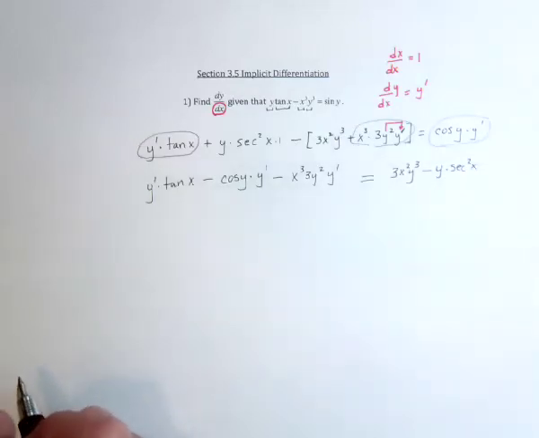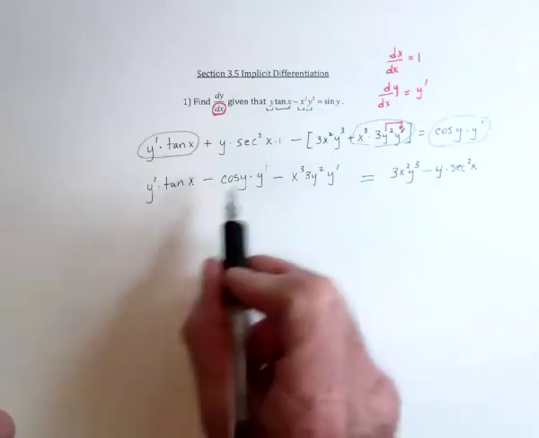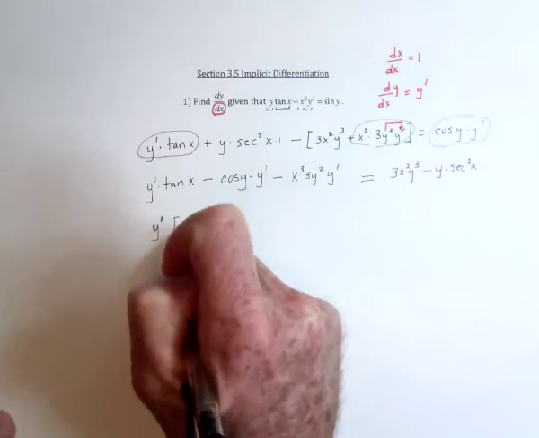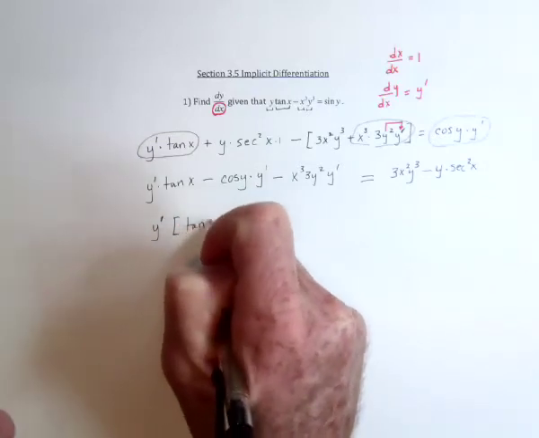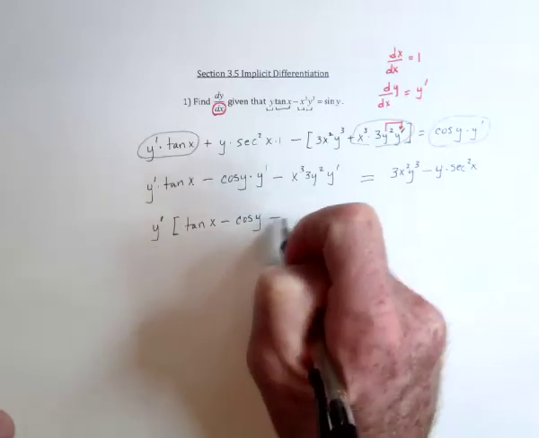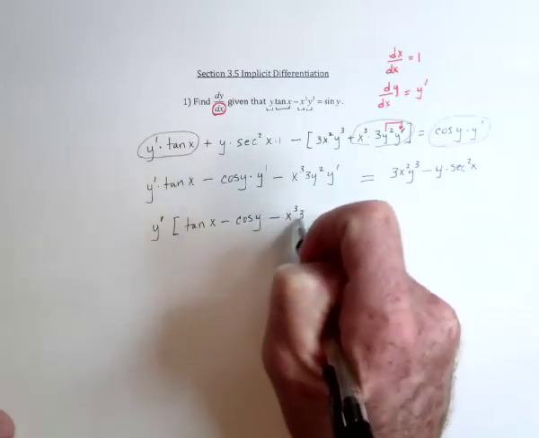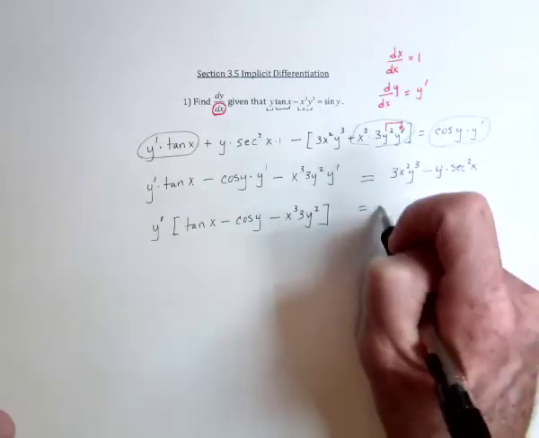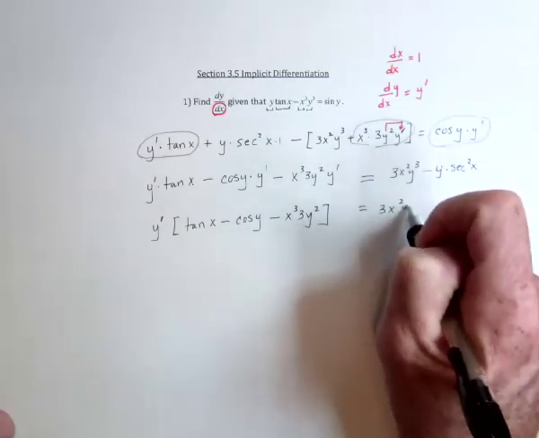The next thing to do in order to solve for y prime is all of these terms have a y prime in them, so factor that out. And the right hand side stays the same for now.